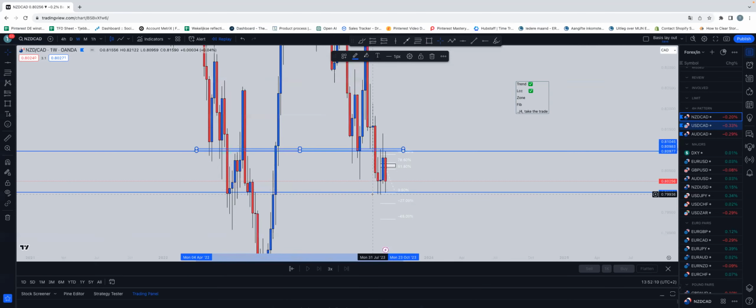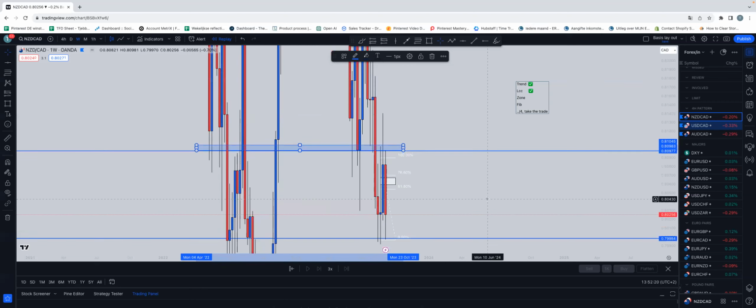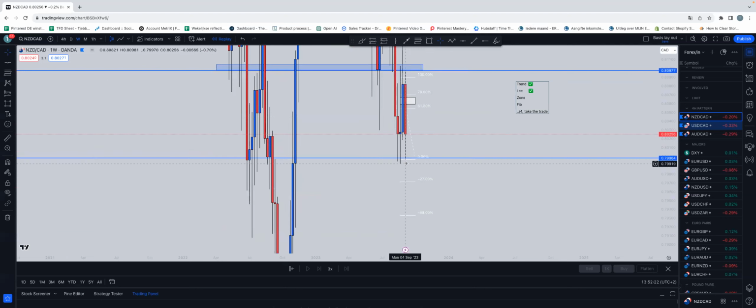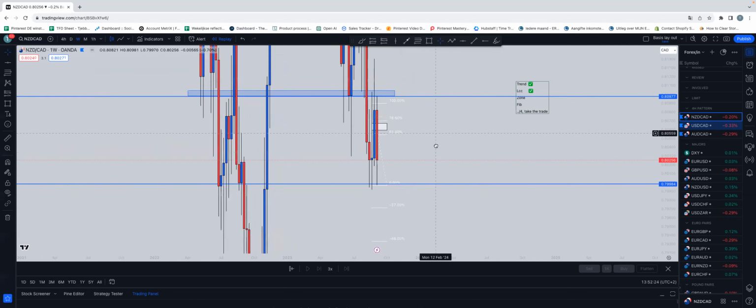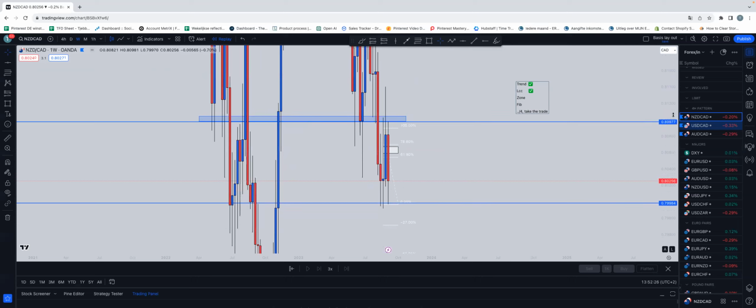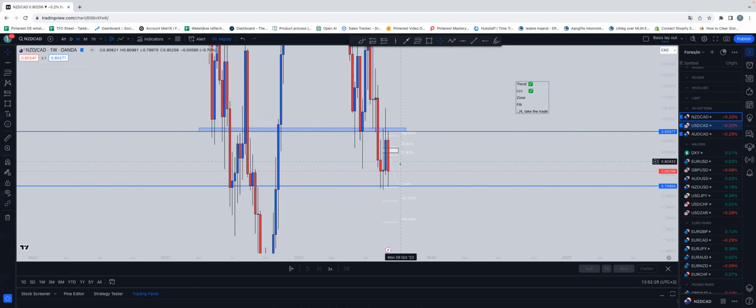We broke below and now it's acting as resistance for the third time. So that's pretty nice to see. And we touched this zone as well, but we didn't make a new action yet. So I take this zone as the last touch zone and activated the bears, as you can see from the candle.